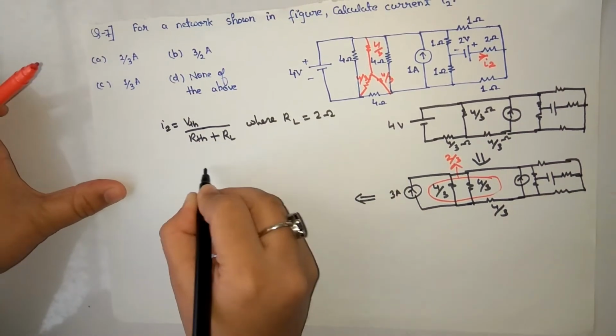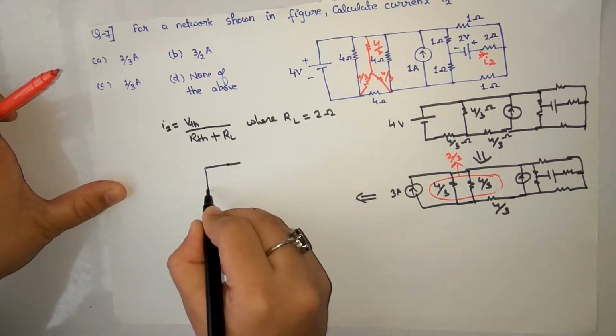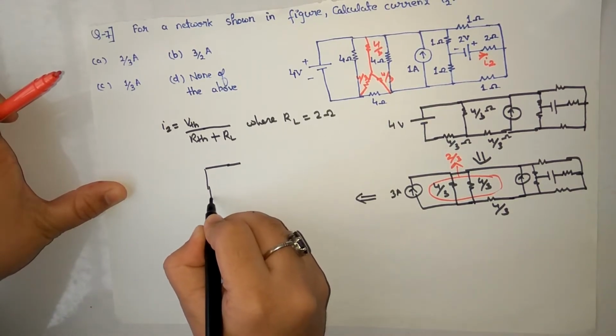I think I can draw here. This is a 2 by 3 resistance, which will come in series.